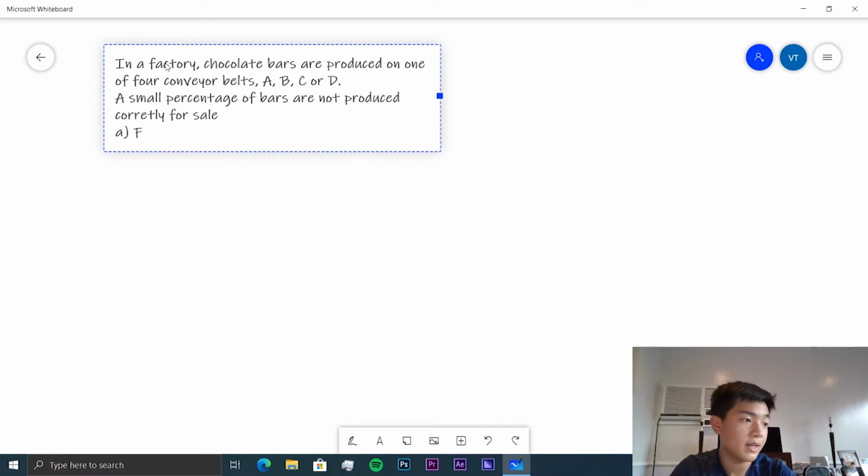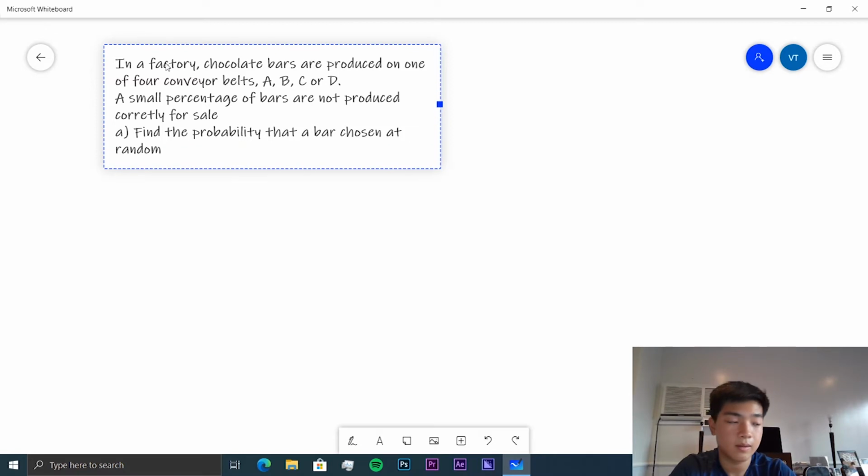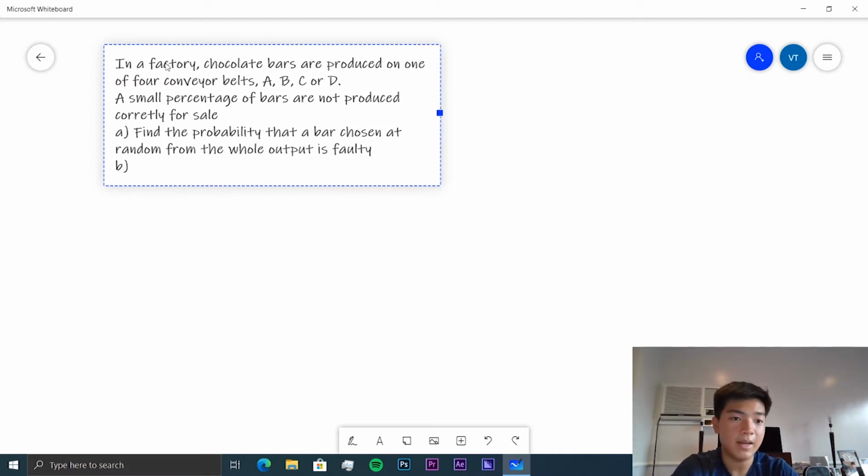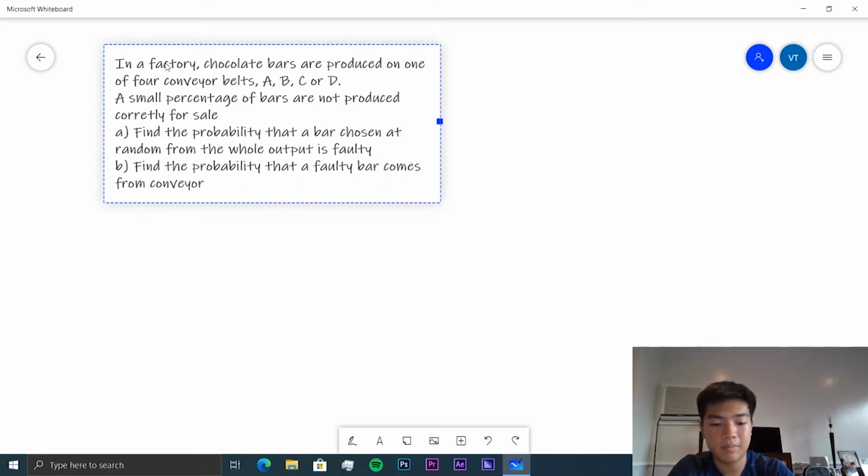So first, find the probability that a bar chosen at random from the whole output is faulty, and find the probability that a faulty bar comes from conveyor belt D.